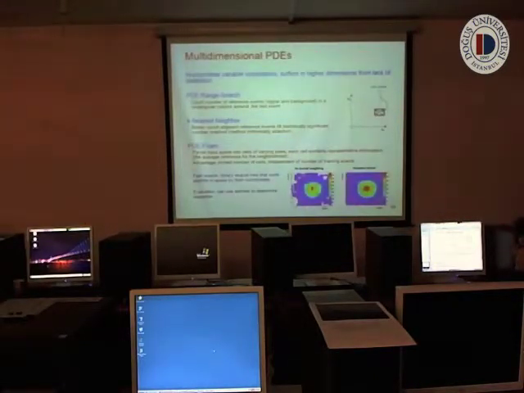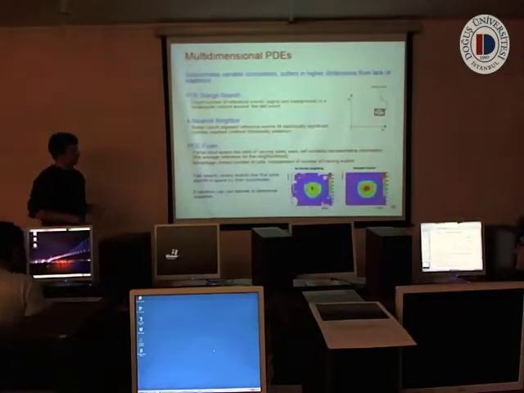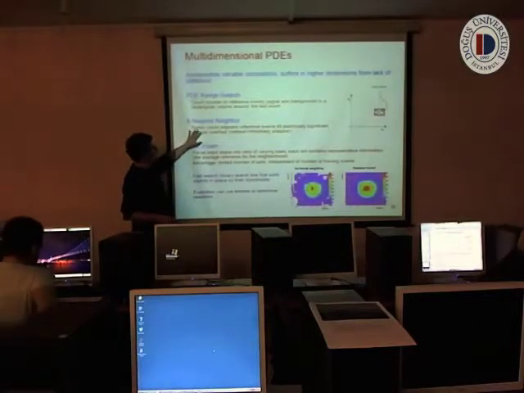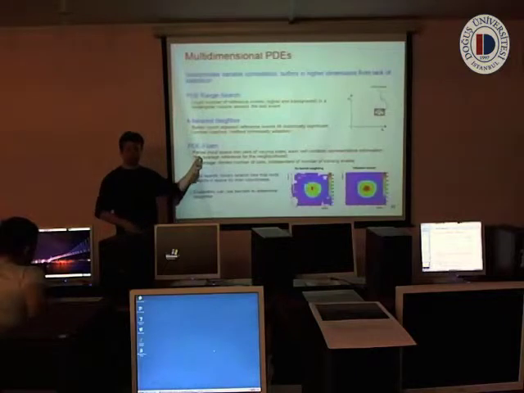Okay, and multi-dimensional PDEs that basically map out your joint PDF. They don't project, but they keep the joint PDF. For instance, if you look at K nearest neighbors, I have an event measured in my data sample. I want to find out is it more Monte Carlo-like or more data-like.